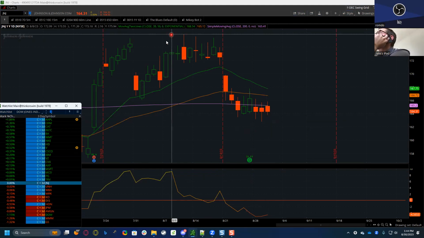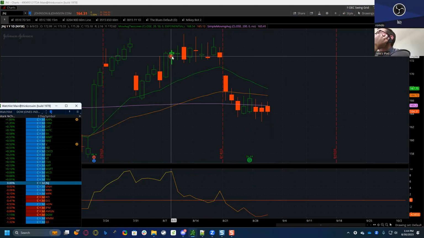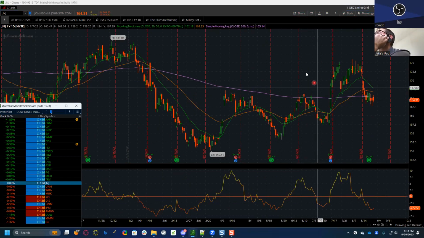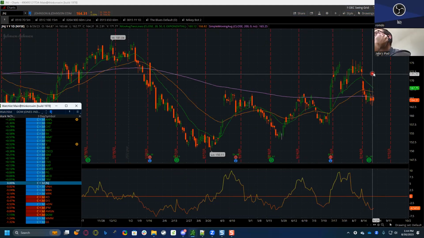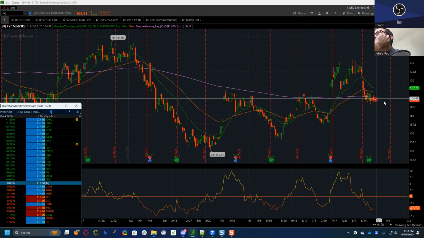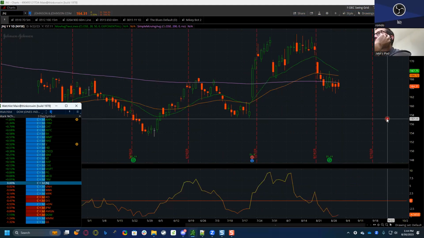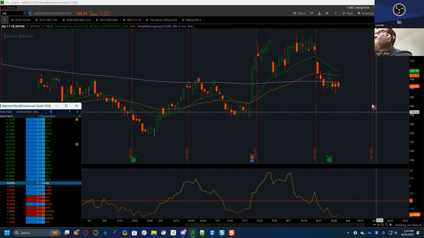So, okay, that divergence is old. A couple weeks, it's not bad, but it just doesn't have as much impact. We need to get completely underneath that 200, which we have. Now we just got to go.